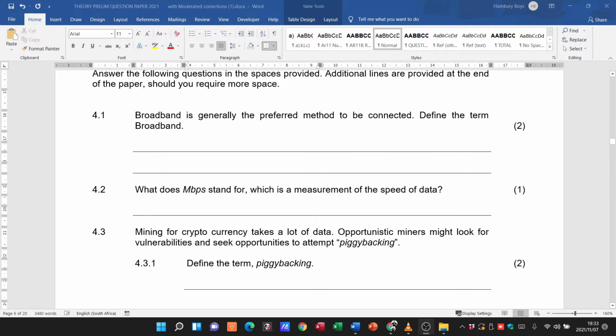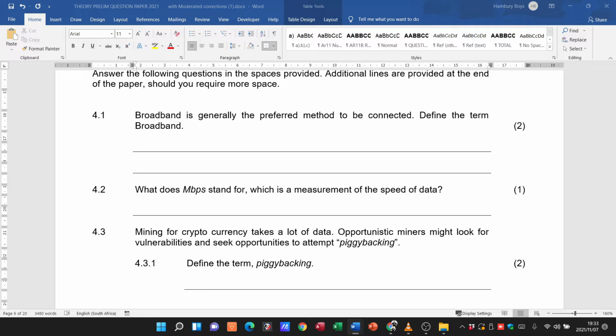When we look at the term broadband, this is generally the preferred method to be connected. So what does broadband actually mean? Well, all it's referring to is a high speed, high bandwidth connection to the internet.